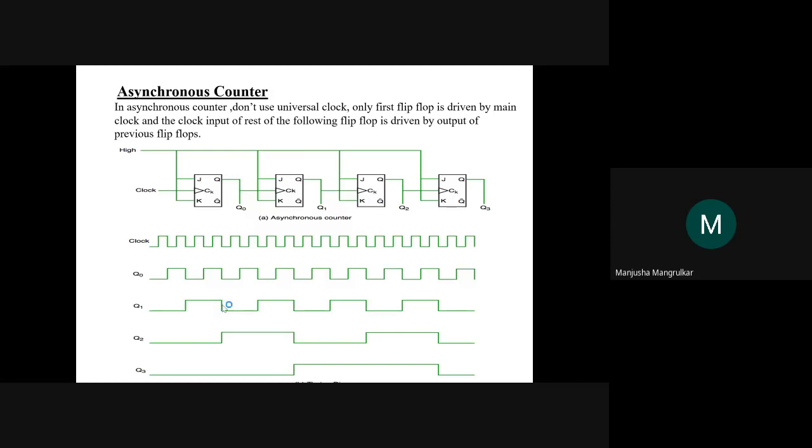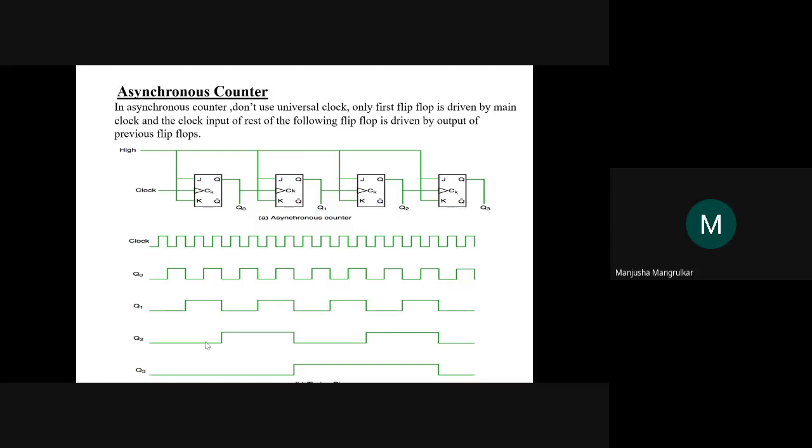At the negative edge of Q1, your Q2 gets activated for this clock pulse, right? And at the negative edge of Q2, your Q3 gets activated for these two pulses, because this waveform is the clock of your J3 flip flop 3, right?